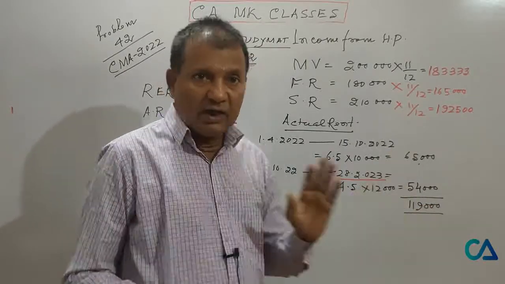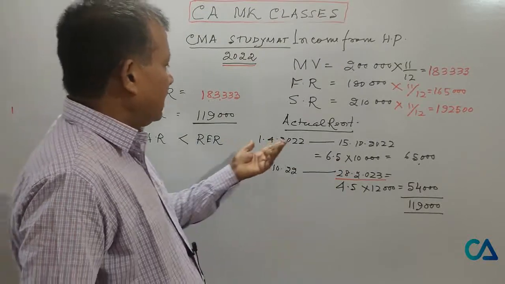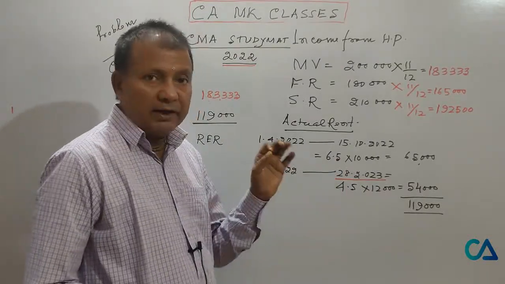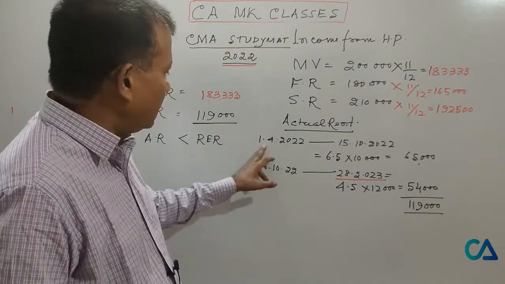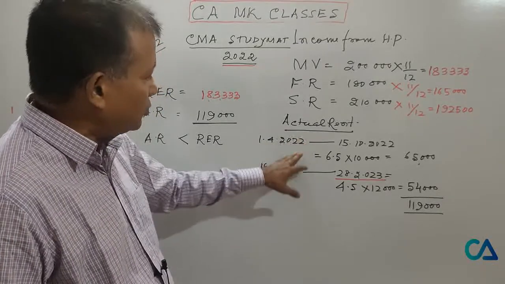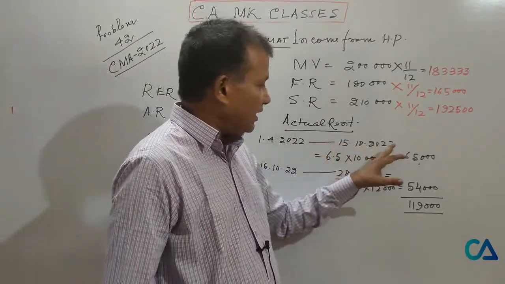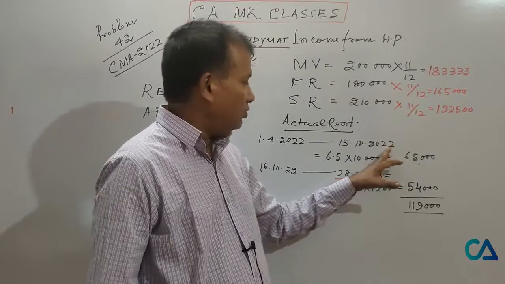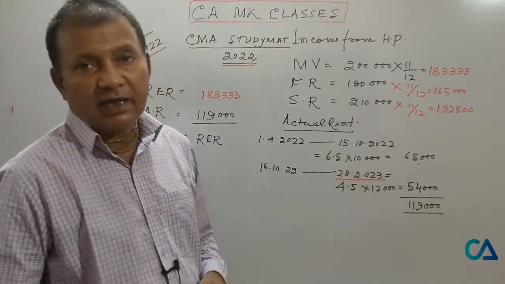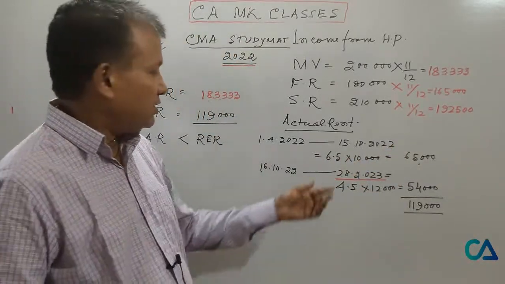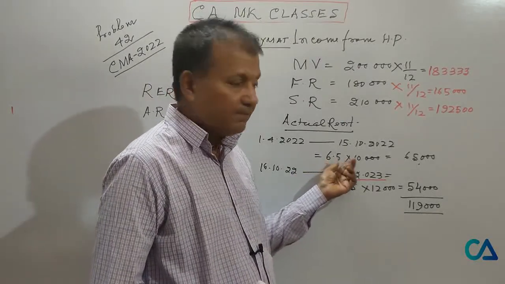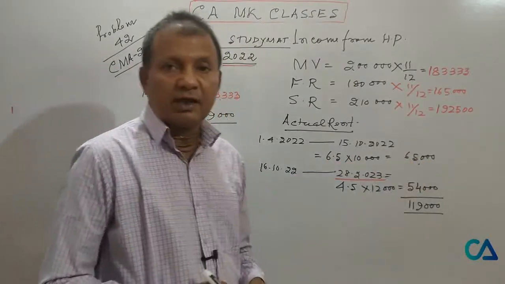But in actual rent, the house property was let out from 1/4/2022 to 15/10/2022 at a rate of 10,000 per month. So it is 6.5 months, which comes to 65,000.